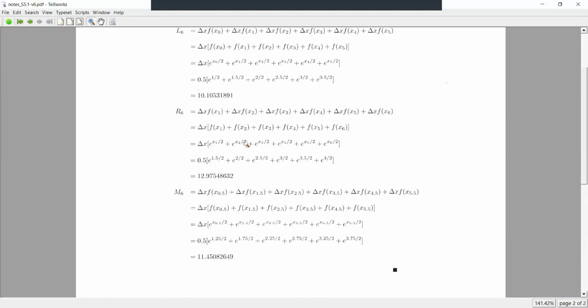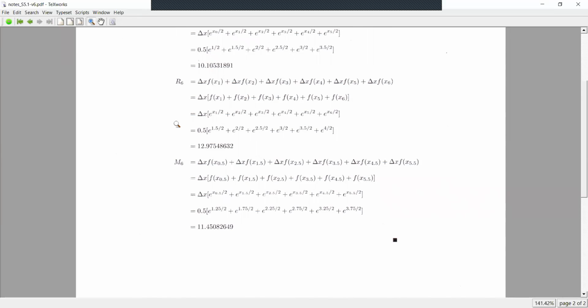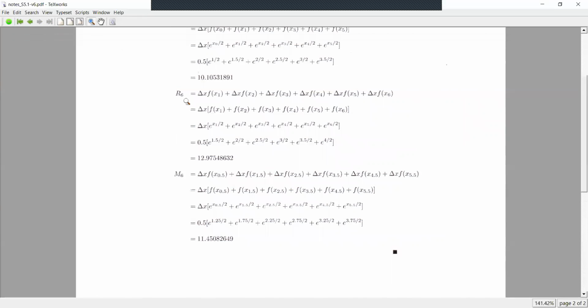Next, let me compute the right Riemann sum. The right Riemann sum is the sum of the areas of 6 rectangles. The first rectangle is on the first subinterval, whose right endpoint is x1.